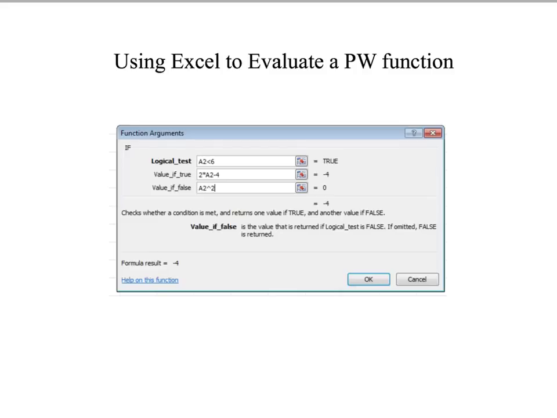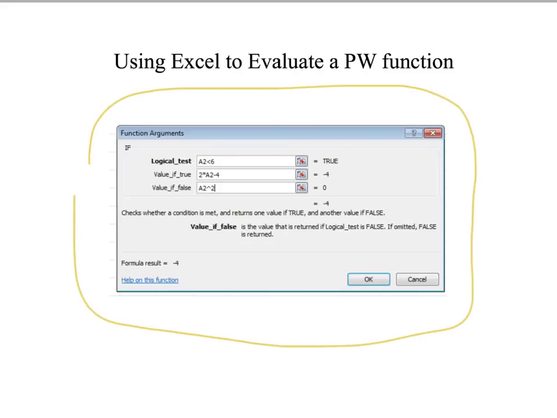When you click OK, this dialog box now appears. We type in 3 different things. Those spaces would be empty at first, but we're going to type in what we consider to be our logical test. We've got this kind of boundary number. That 6 is a very important number in this piecewise function.